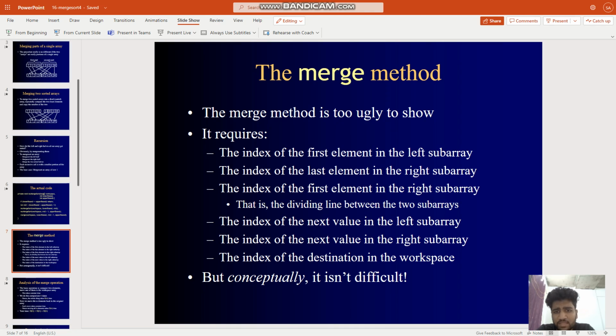It also requires the index of the first element in the right subarray, which is the dividing line between the two subarrays. The index of the next value in the left subarray, the index of the next value in the right subarray, and finally the destination in the workspace. Conceptually, it isn't difficult.